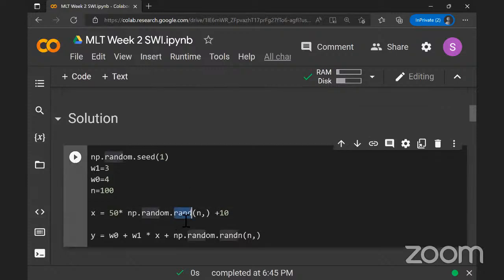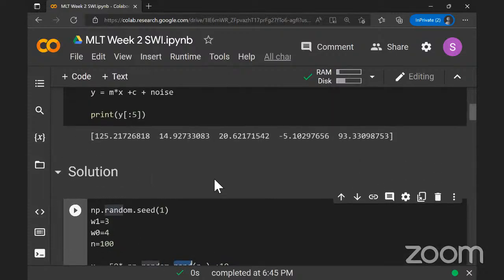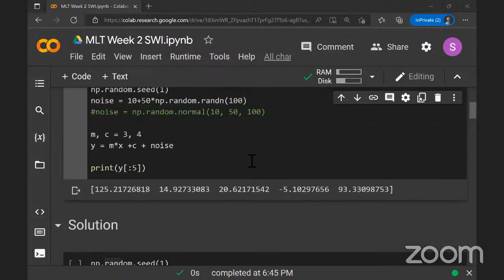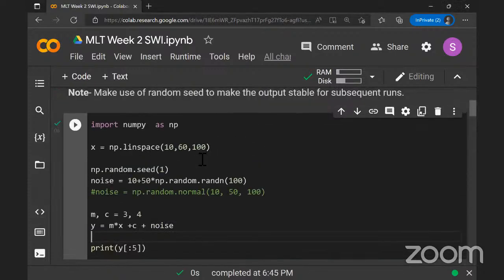The solution is not exactly right. It's a bit different. Don't worry about it. Any questions so far? Is everyone clear on how we got this answer?